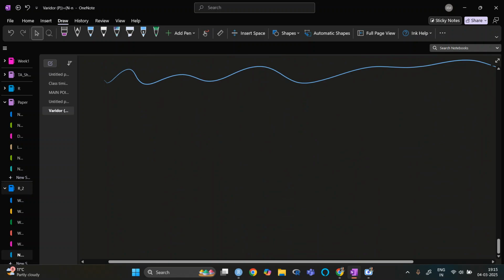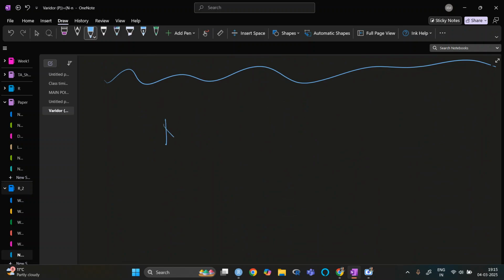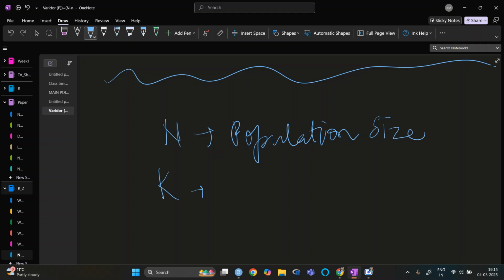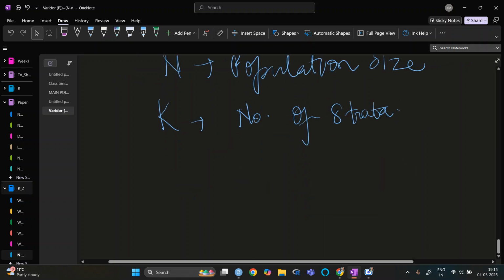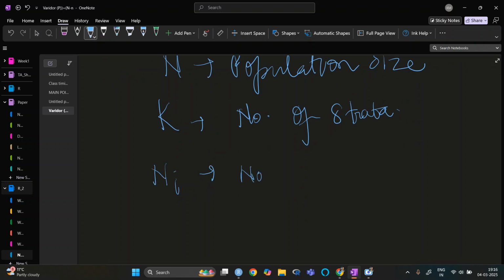We just write it. So N is the population size as always, k is the number of strata, and n_i is the number of sampling units in the ith stratum.